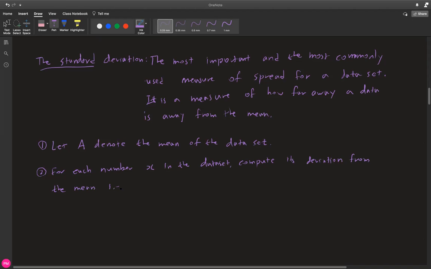That means find x minus a. So for each data point, you have to find this number. If you have 10 different points in the data set, you will have 10 of these numbers separately.